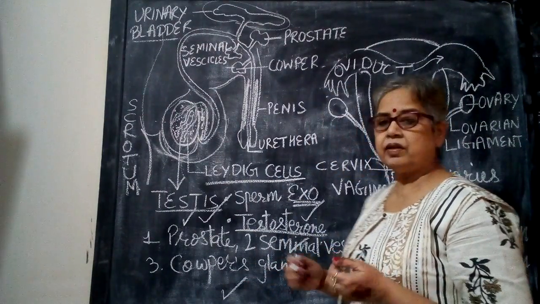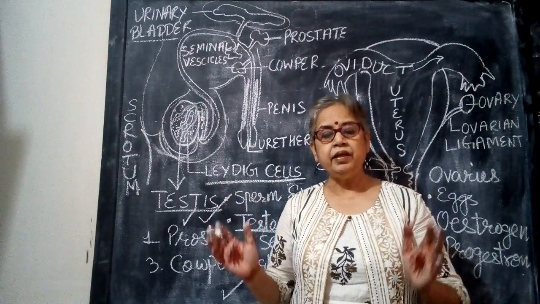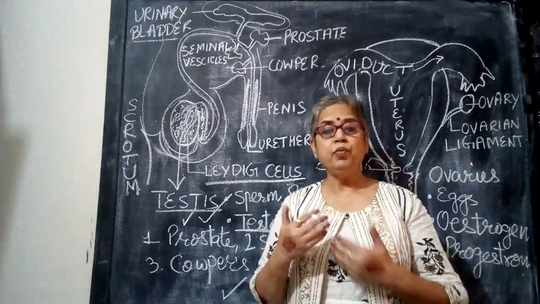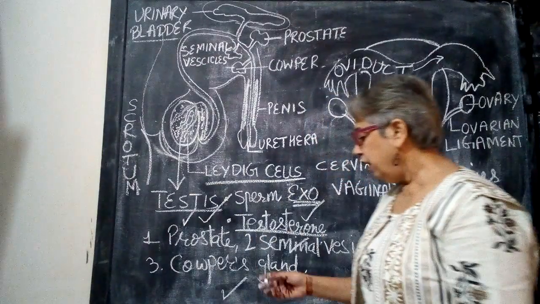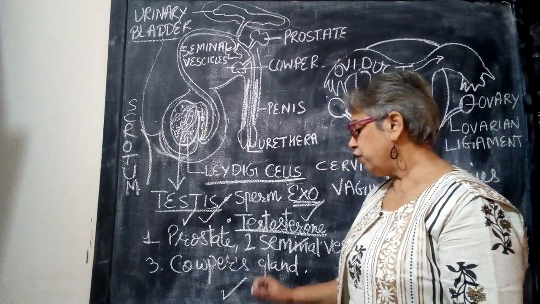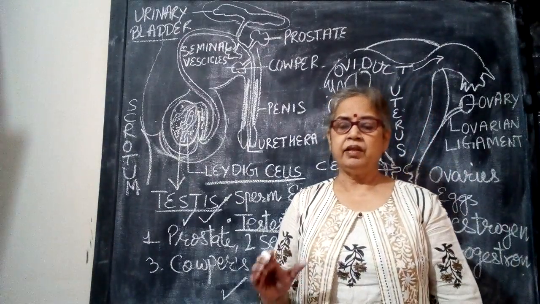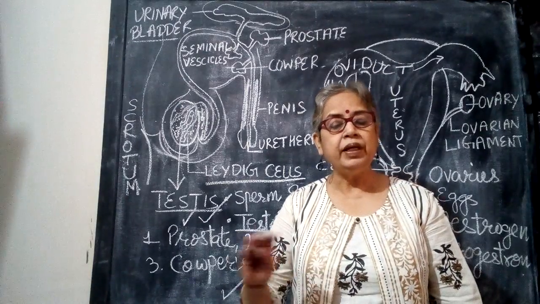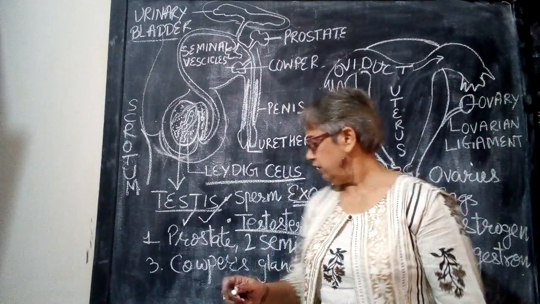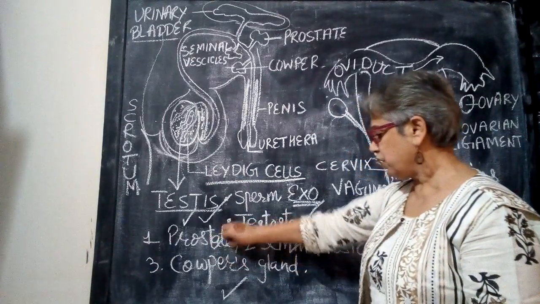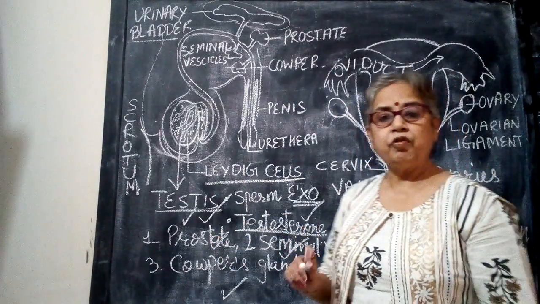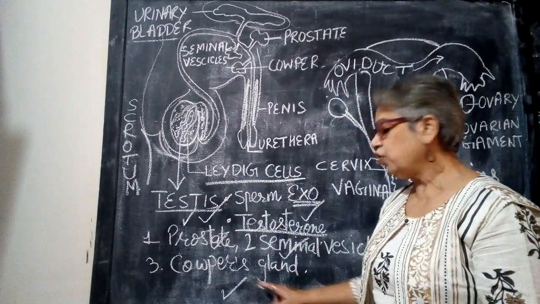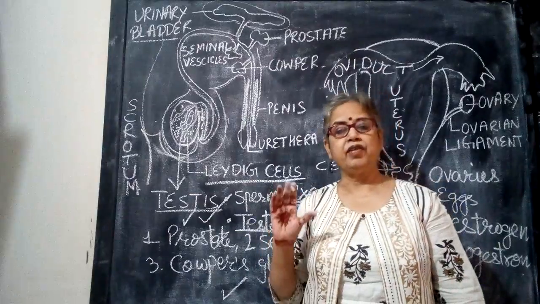Then the seminal vesicle secretion helps as a medium for transport, makes the sperms more mobile, easy to move. And then Cowper's gland, their function is to help in lubrication. They provide lubricant. So pH is maintained by prostate, seminal vesicle increases the mobility of sperms, and Cowper's gland secretion helps as a lubricant.